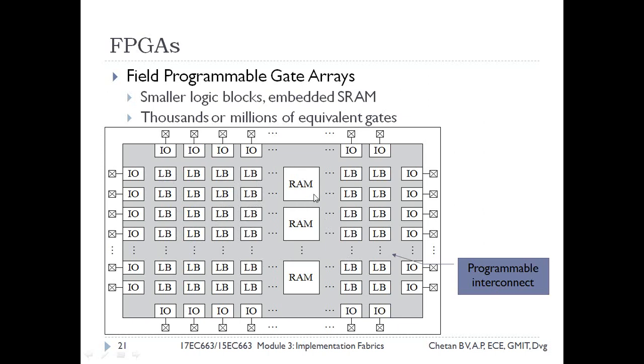RAM cells hold the configuration bits and also the data to be processed. IO blocks are also programmable. The IO blocks can work like registered IOs, unregistered IOs, or combinational IOs, and also they can support different logic levels like TTL, CMOS, etc.